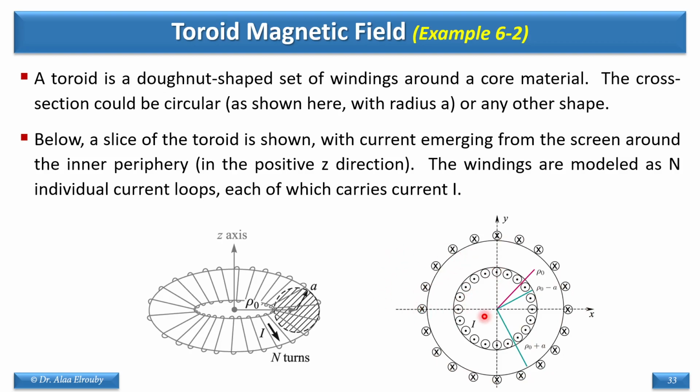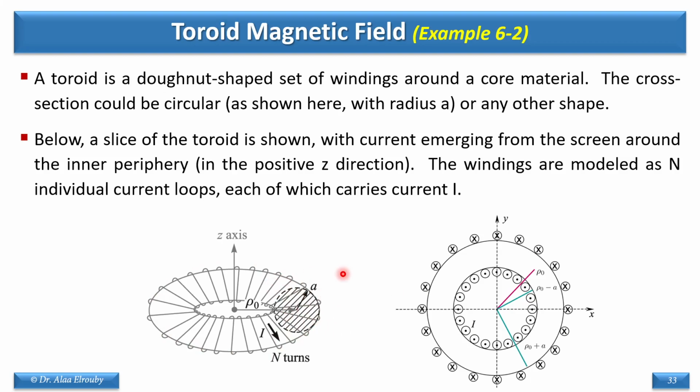The winding or the coil around it makes turns, going out, going in, out, in, out, in, out, in. The cross section of this shape might be a rectangle, might be circular. Here the cross section is circular, and the core shape is circular. Sometimes the core cross section is a square, but the path is circular.